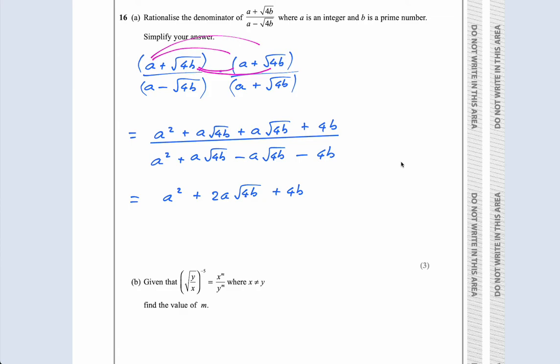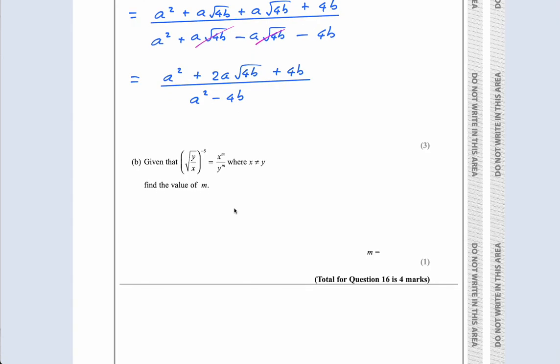Delete. Okay, that's my numerator. And then finally, my denominator, as I said, these two cancel nicely because plus this minus this is 0, and I'm left with a squared minus 4b underneath the line. I can't do anything more with it. That's it simplified. There's nothing else I can do.